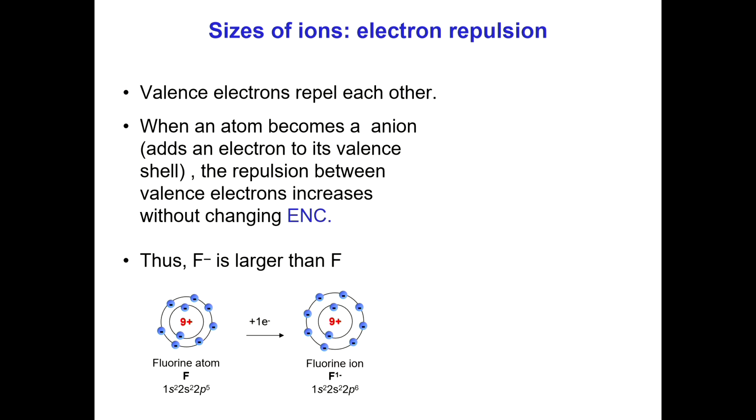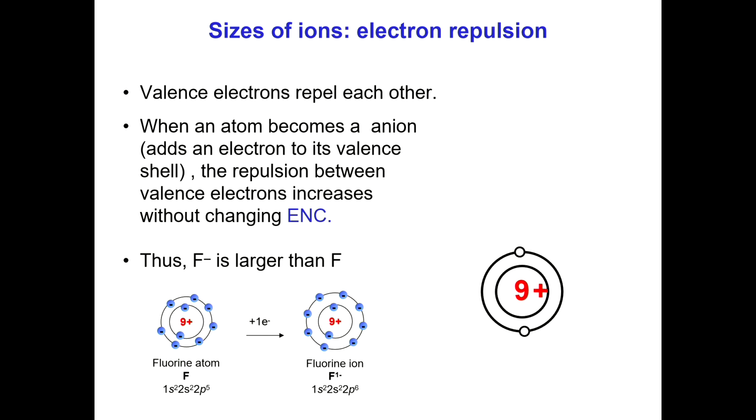Change or not? Yeah, it's still the same, right? So this means from neutral to an anion, the ENC number doesn't change. This means the attraction from the nucleus doesn't change, right?